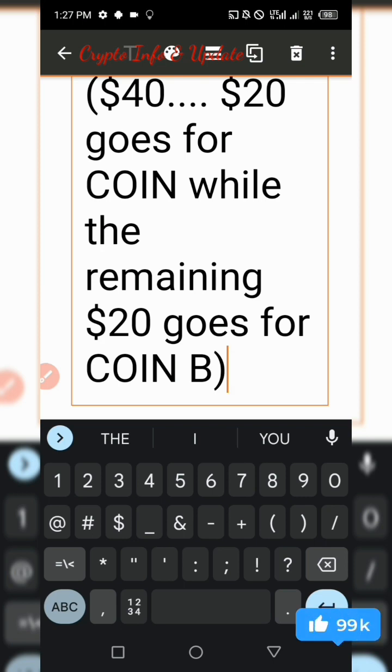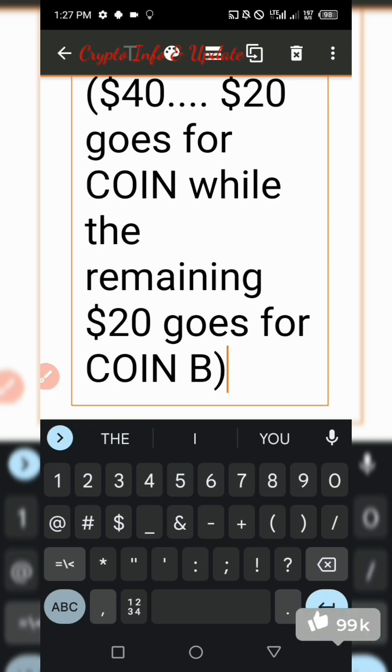And if at all there will be a difference in the allocated capital to each of those pairs, the difference should not be much. Let's say you have $40 as your capital.